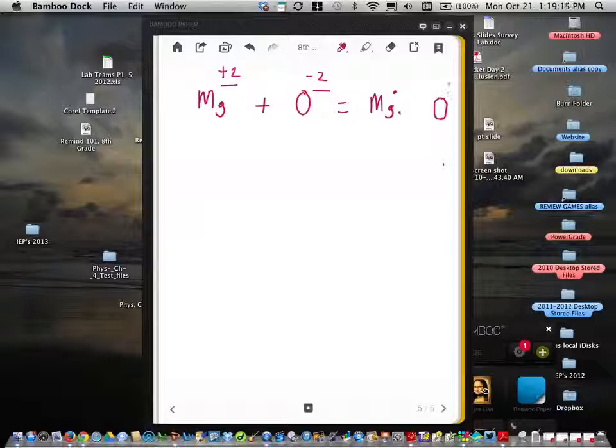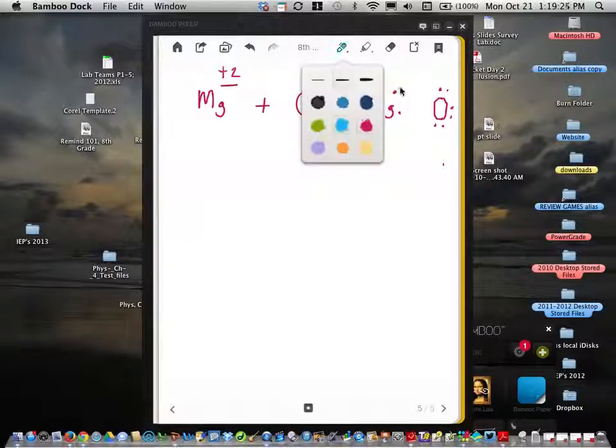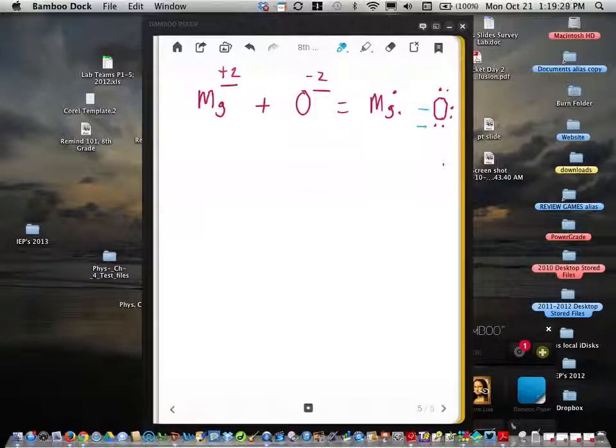Yes. 6A. Very good. So here they come. 1, 2, 3, 4, 5, 6. Well, guess what? Oxygen is deficient 2, and magnesium has 2 extras.